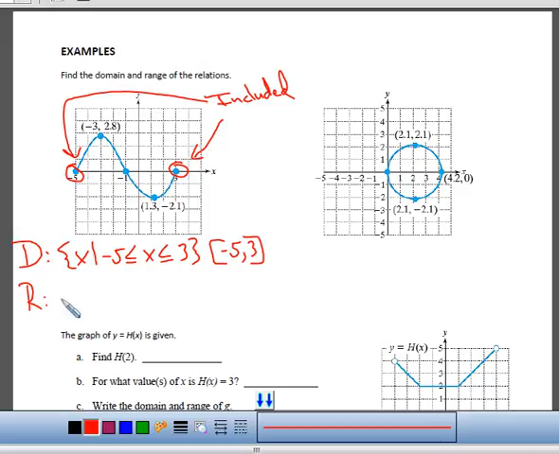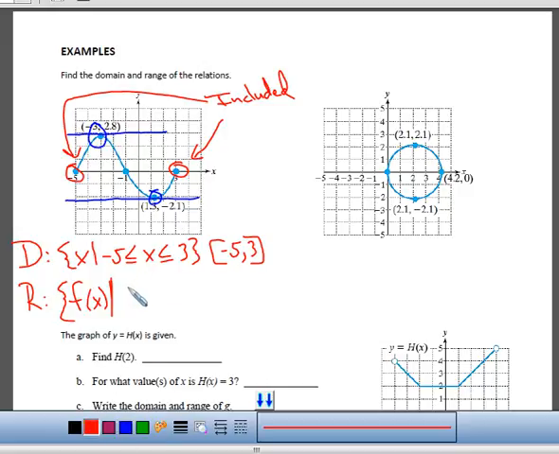So -5, comma 3, and then inside square brackets, because they're included. Alright, so now for the range, I'll be using f of x instead of y this time, because it's a function. And the set of all f of x. Now, for some of you, it might be easier if you turn your paper sideways and look at the greatest y value and the smallest y value. When you've gotten good at it, you will be able to spot the highest and the lowest.